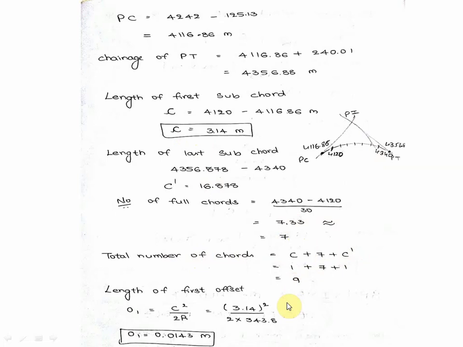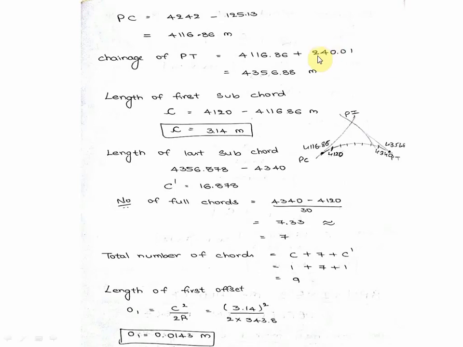Now you can check and calculate the distance. The total number of intermediate chords is 7, so 7 into the peg interval 30 is 210 meter, plus the first subchord 3.14 meter and the last subchord 16.878 meter. So you will get 228.01 meter length of curve.